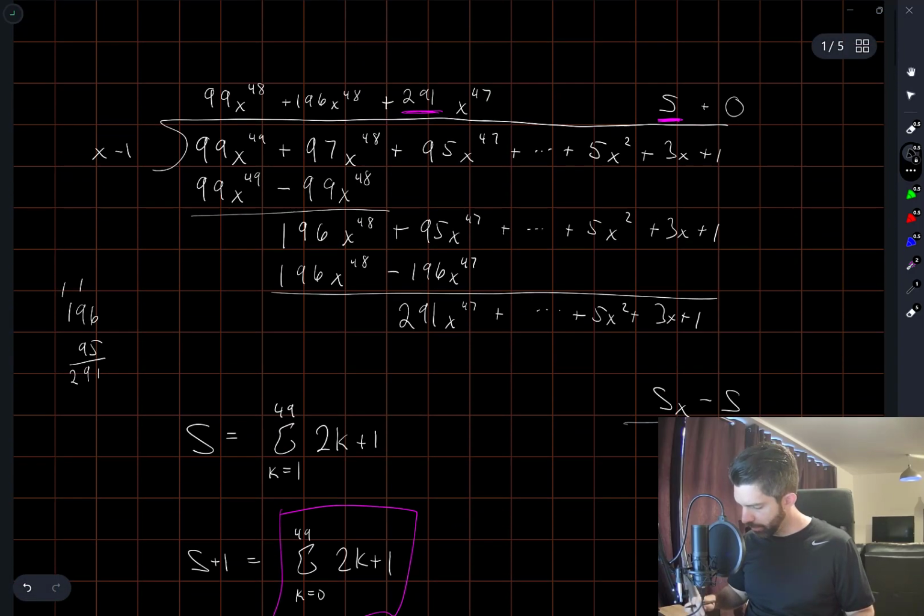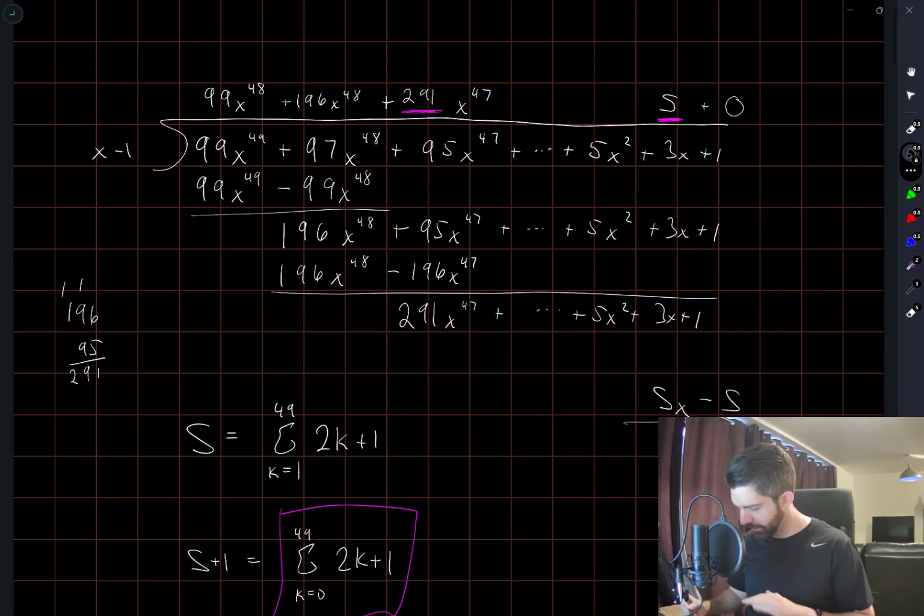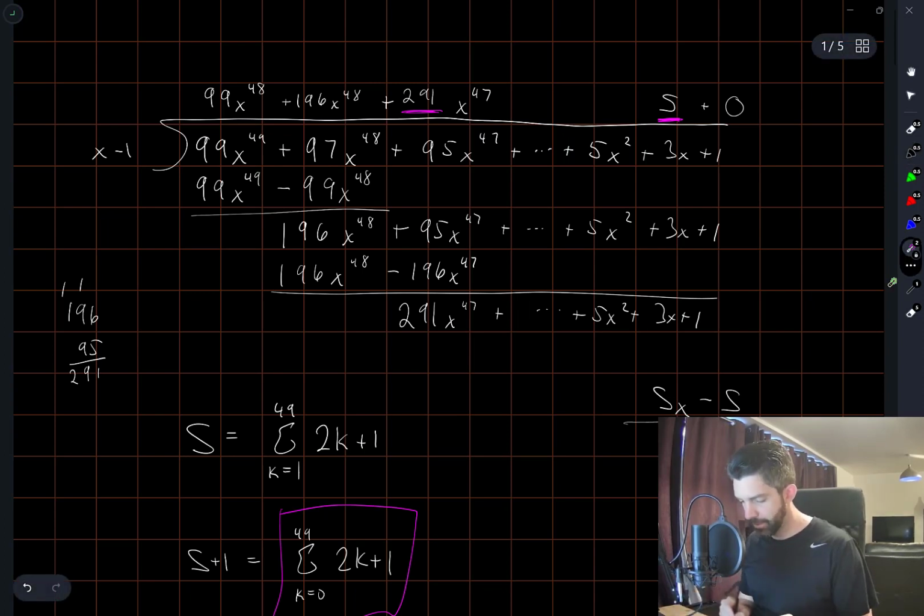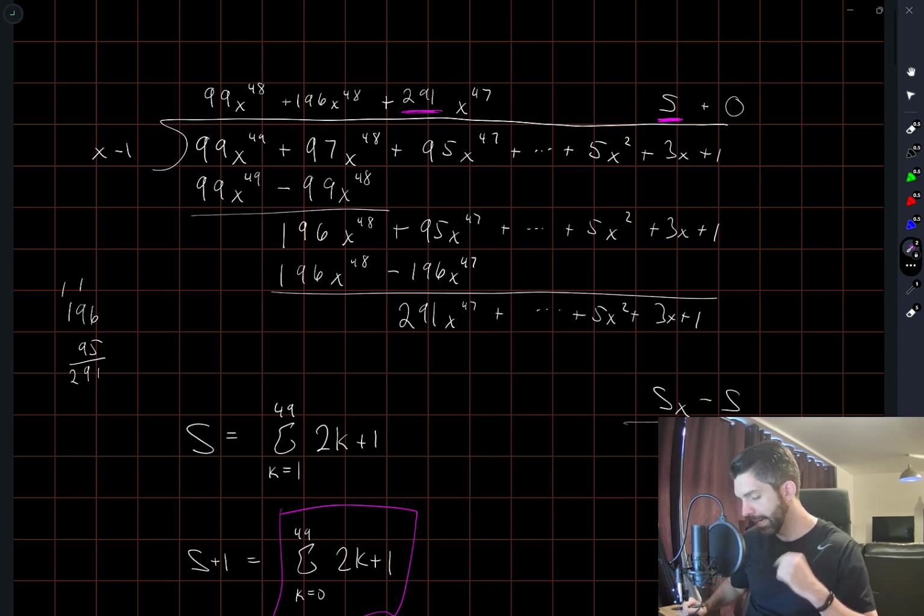I went through some of this in trying to see the pattern that comes out in these coefficients. First of all, I didn't remember the exact process of polynomial long division, but once you start working it out, it comes back to me.